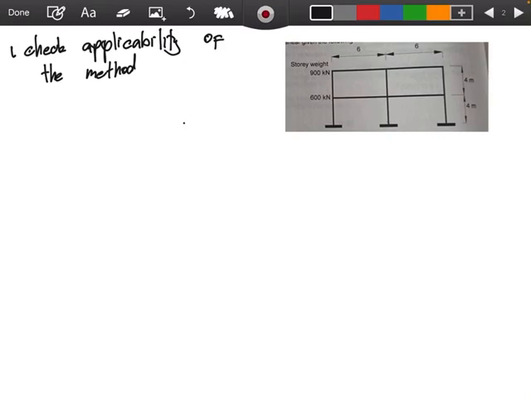In this one, the building is not more than 2 stories in height because it is exactly a 2-story reinforced concrete SMRF. So our building is covered by the simplified method.